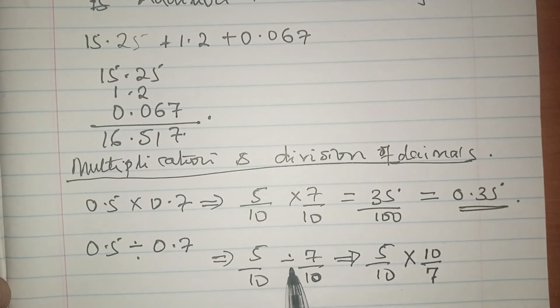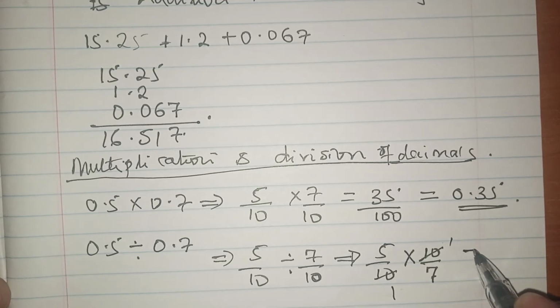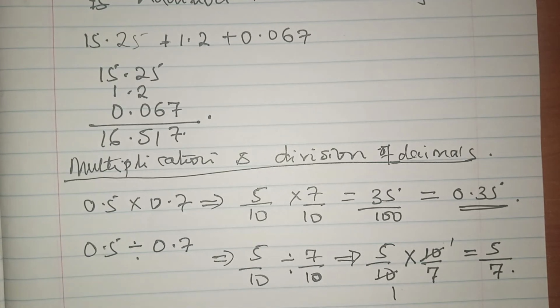The moment we change this to multiplication, then we have the reciprocal of the divisor. And by 10, 1, by 10, 1. So finally, we have 5 out of 7 as the answer to 0.5 divided by 0.7. And I hope to end this lesson there.